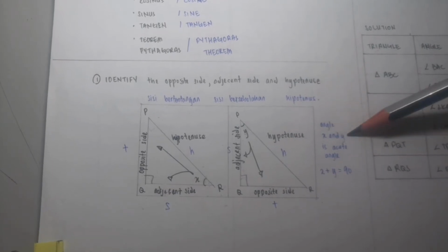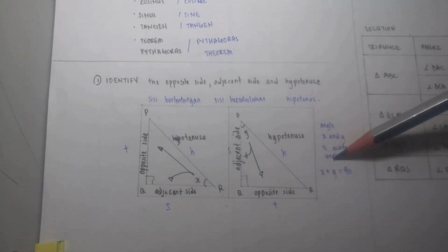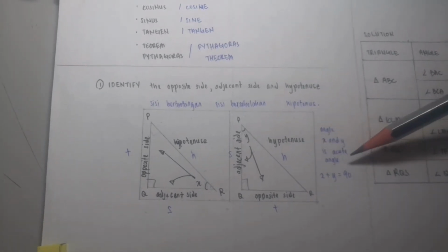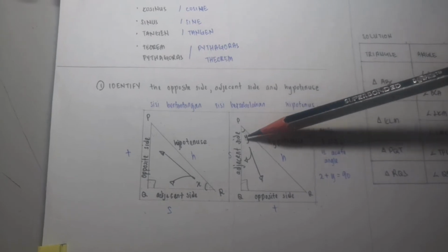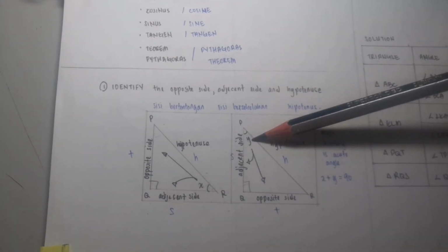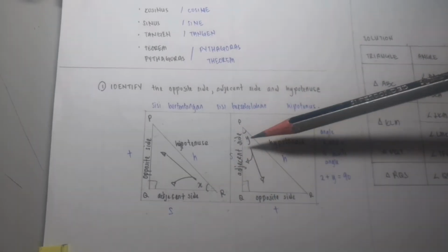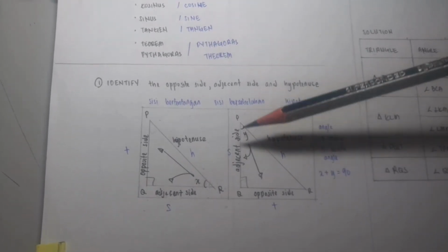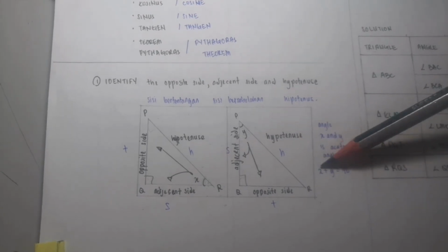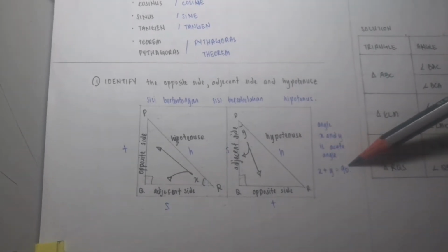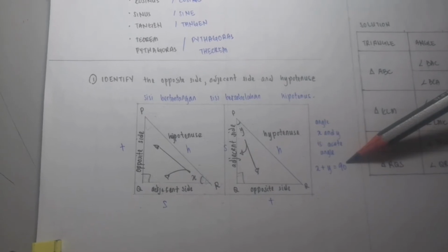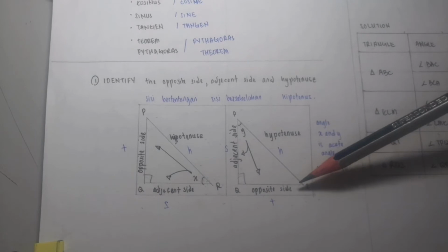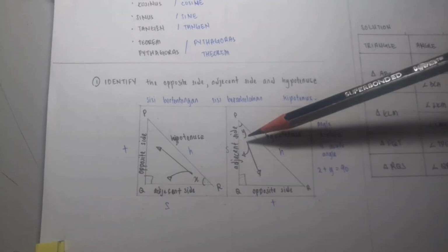That's also something else. Angles x and y are acute angles. What does acute angle mean? An acute angle is smaller than 90 degrees. x and y are each smaller than 90, and the sum of x and y is always 90. So, who can tell me how many degrees are in the inside of a triangle?